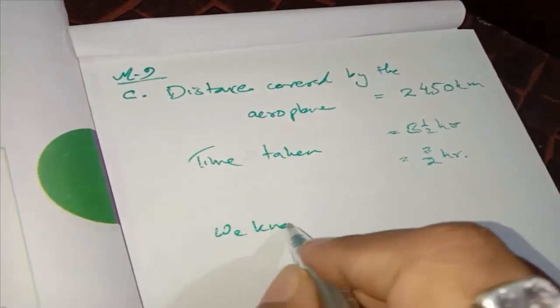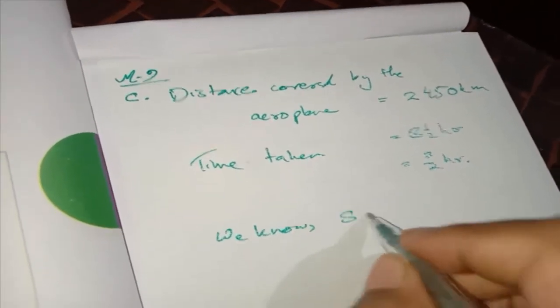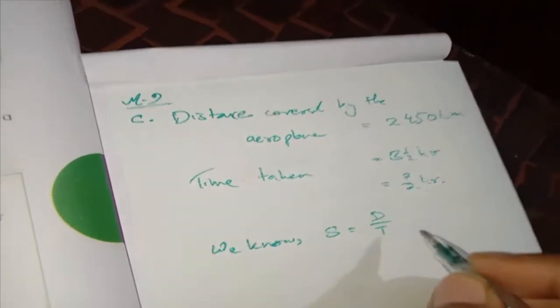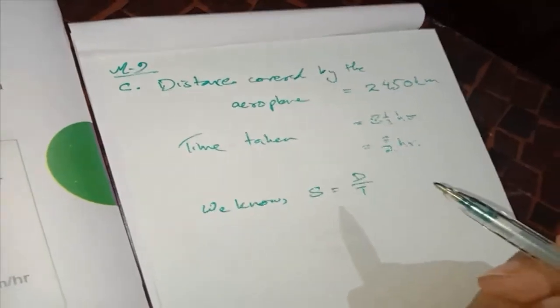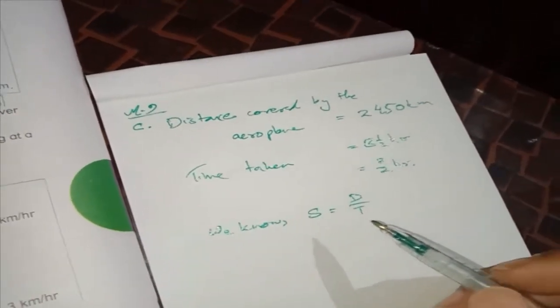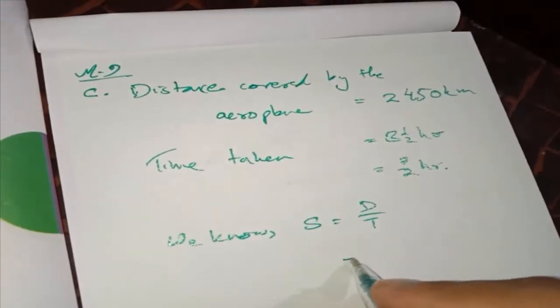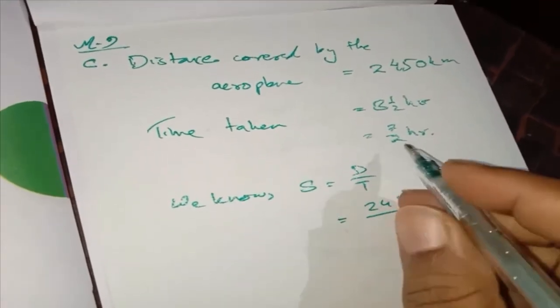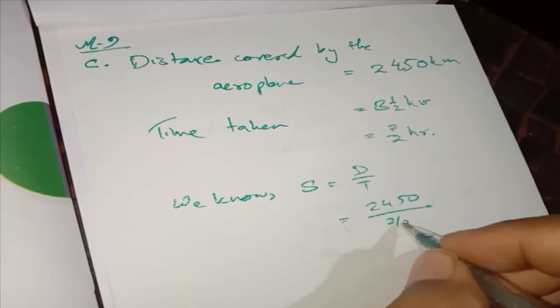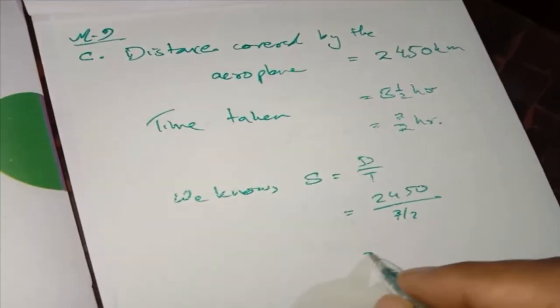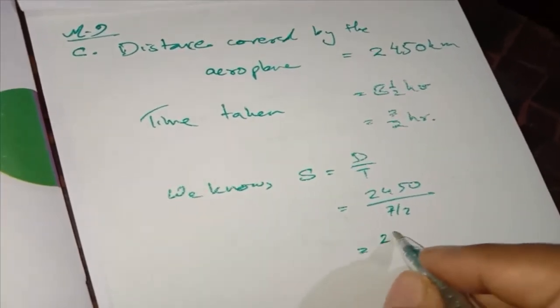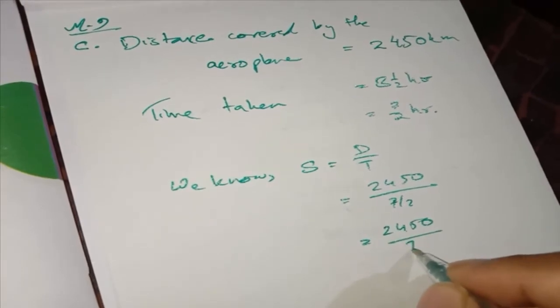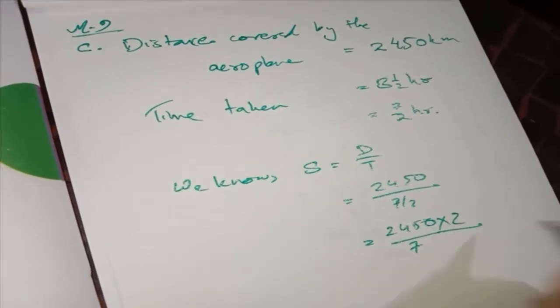We know speed is equal to distance by time. Here distance and time are given and we are to find out the speed. So speed will be, distance is 2450 divided by time, that is 7 by 2. Now this 2 will go up and we are left with 2450 divided by 7 into 2.